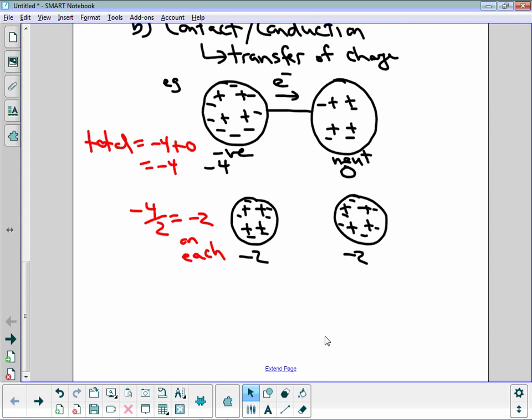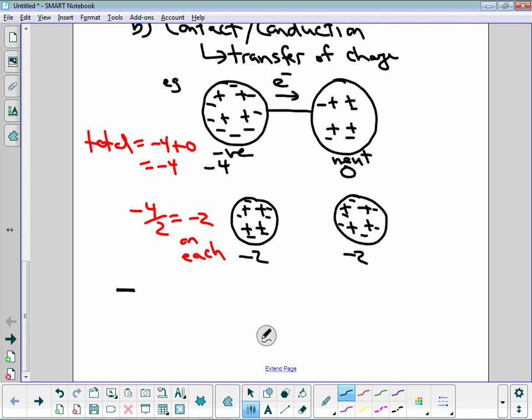Does that look familiar? What I want to remind you, though, is for conduction, I started with a neutral and a negative, and what did I end up with in the end? Remember friction, I started with 2 neutral and ended up with a positive and a negative. In this case, I have a neutral and a negative to start with. What do I have at the end?